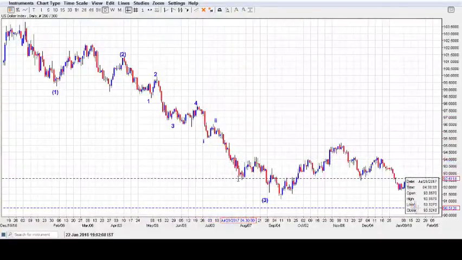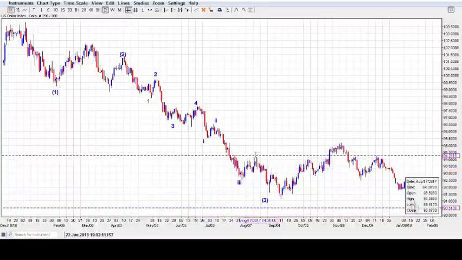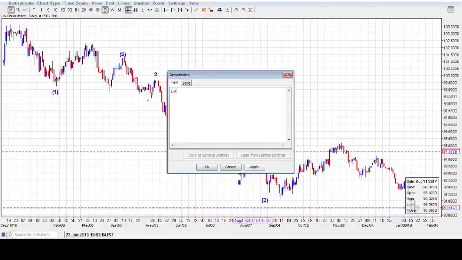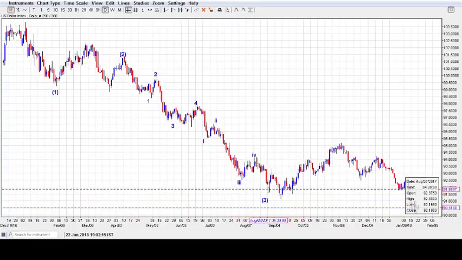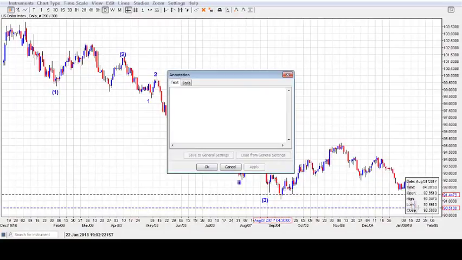The fifth wave was extended in this case, and in line with the theory portion, normally the third wave is extended, but in this case it is the fifth wave extension.